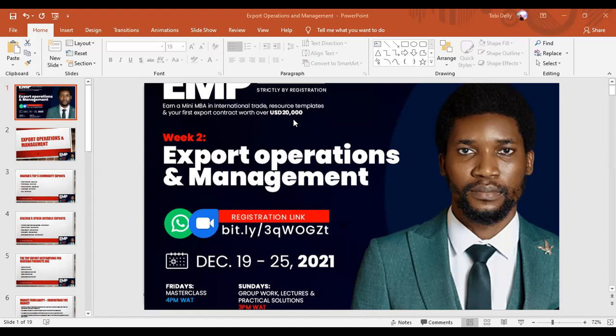The customs agent will assign or pass some instructions to a third party agent that will come and inspect your container, your shipment, before it's allowed to pass through into the port. When it gets to the port, it is loaded on the shipping company's vessel, after which they will release a bill of lading showing that they have the shipment in their care. All these documents are what you send to your buyer, the importer, at the end of the day, because those are the documents he is going to use to clear the container over there.